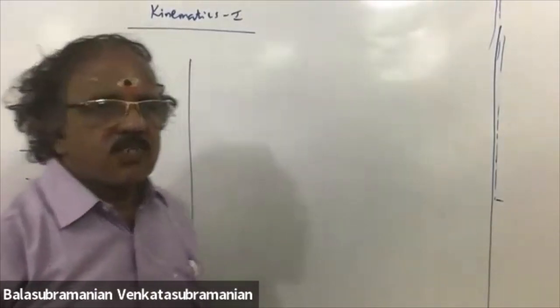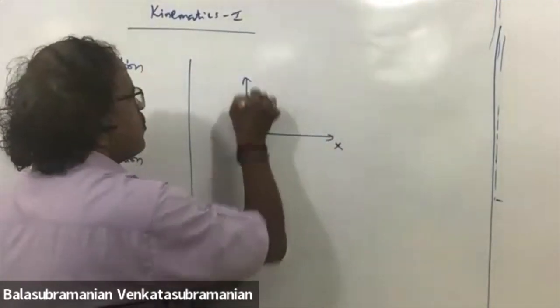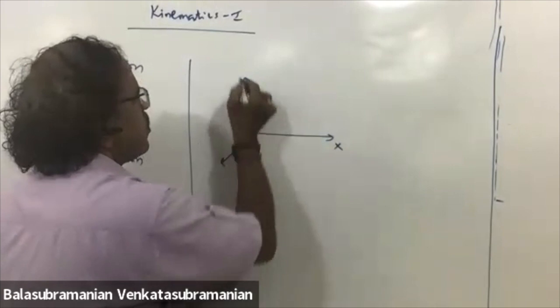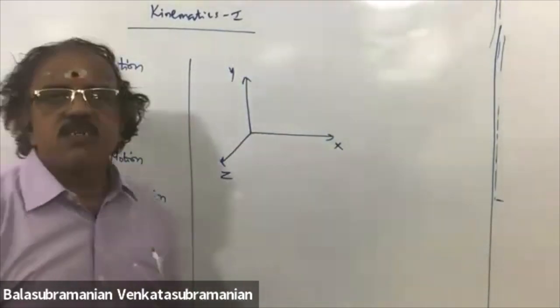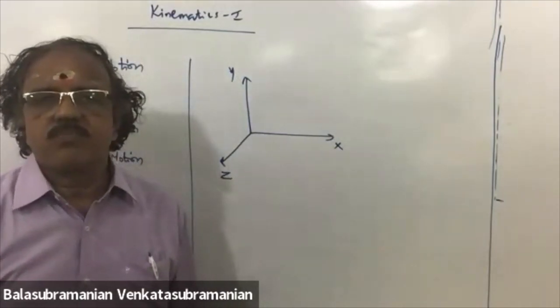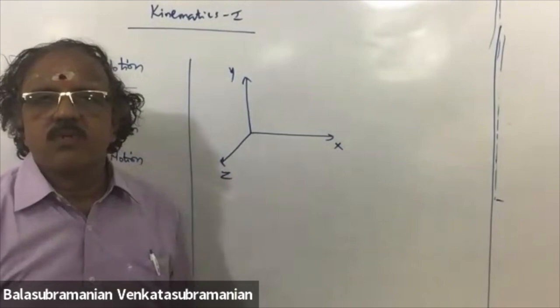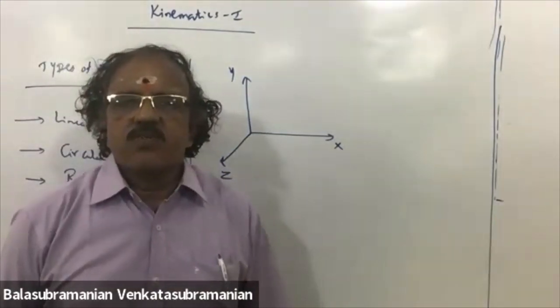Linear motion, you can say the body is moving in one dimension, 2 dimension, 3 dimension. Or the body can be at rest also, that is a different issue.